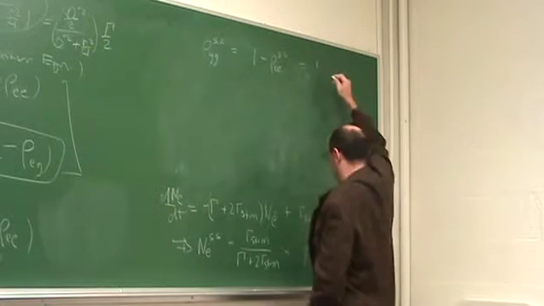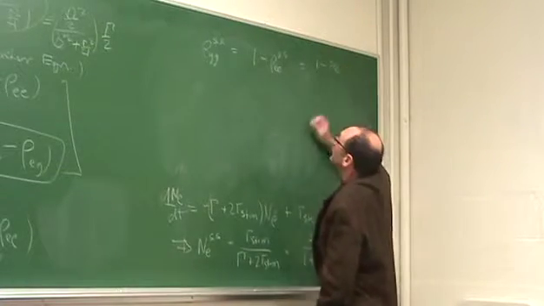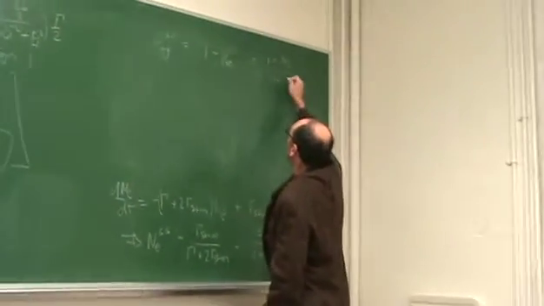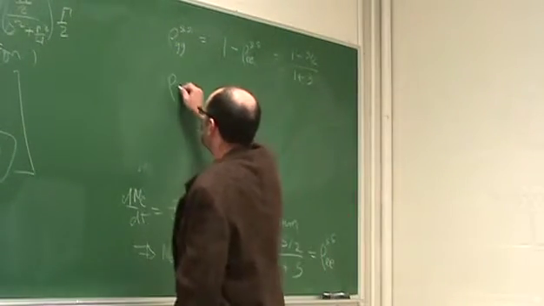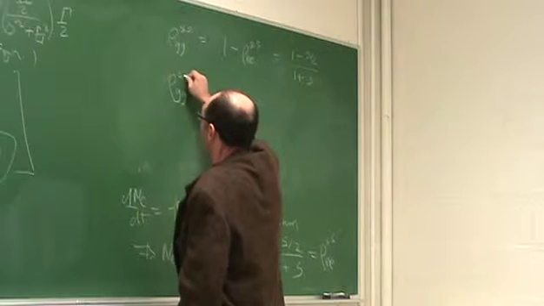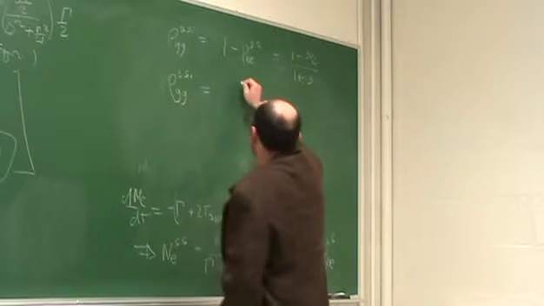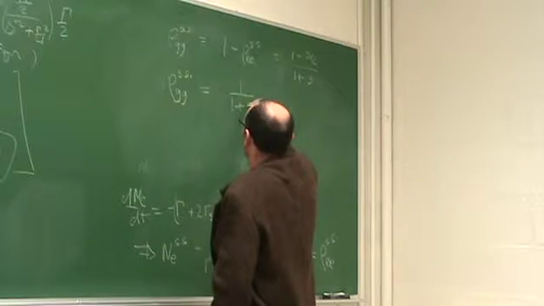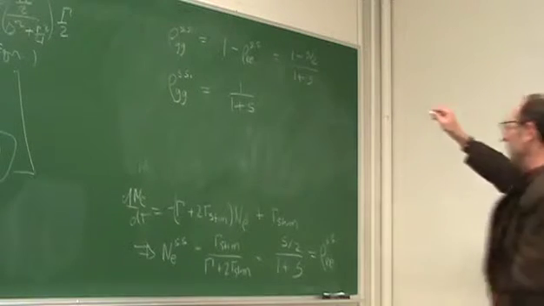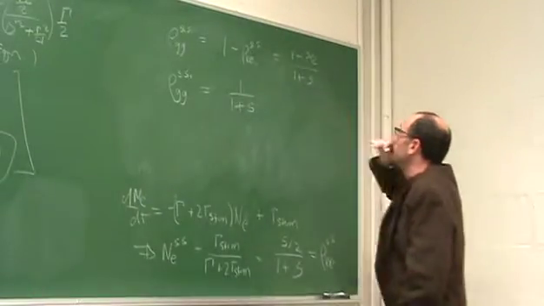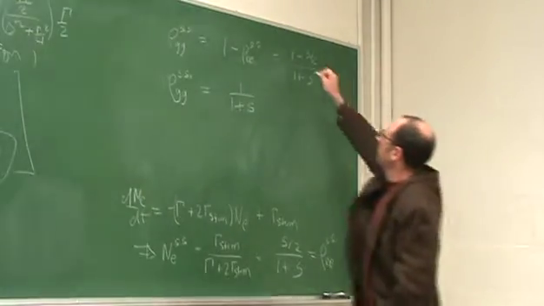That's equal to 1 minus S over 2 divided by 1 plus S. And so the population difference between the ground state and the excited state is equal to 1 over 1 plus S. This can't be right. This is going to be wrong here. This is plus.